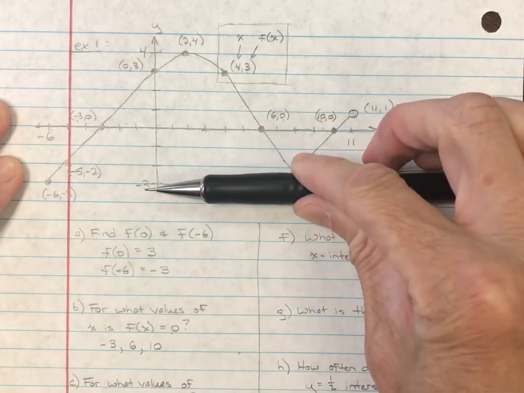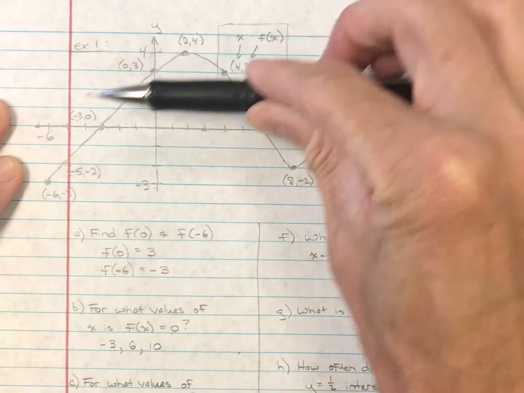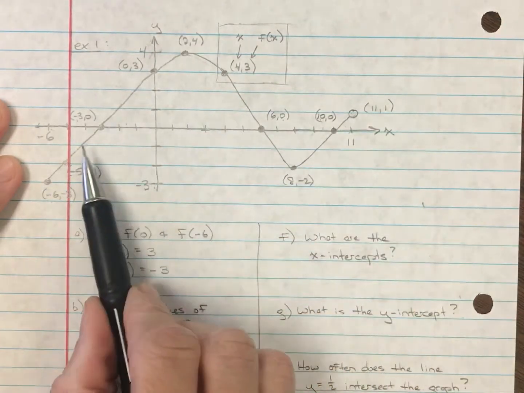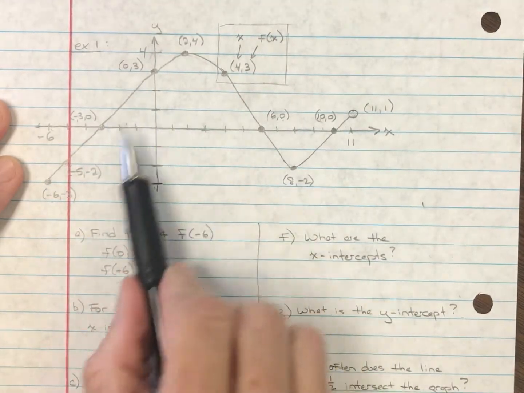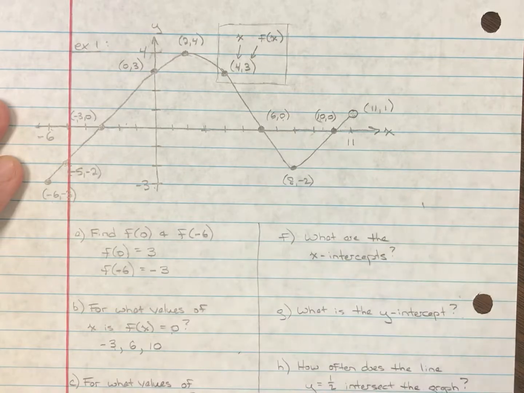So our y's go from -3 up to 4, and all of the x's map to a y that's between -3 and 4.